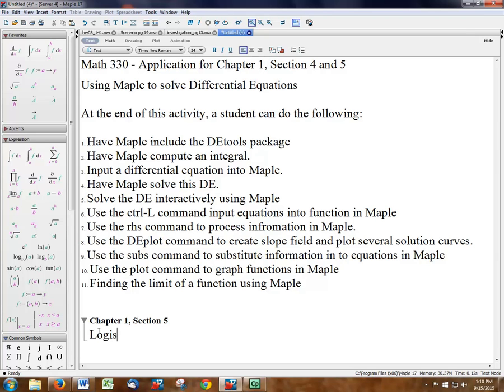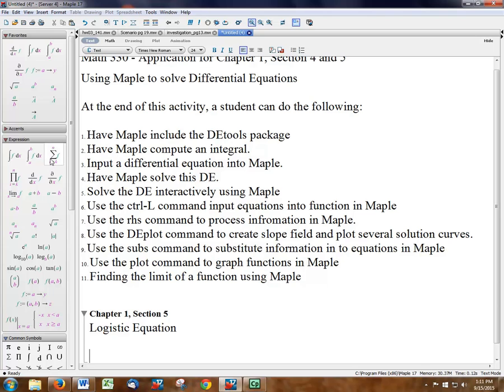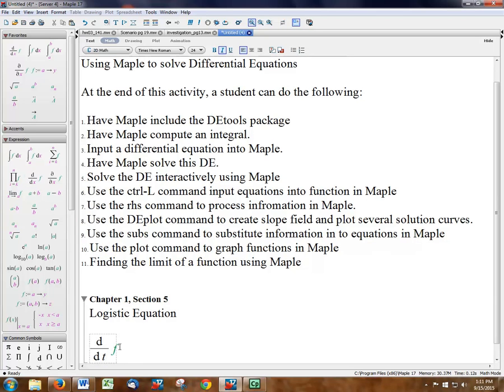It's called the logistic equation, and it is an equation that allows us to model populations. So what is a logistic equation?